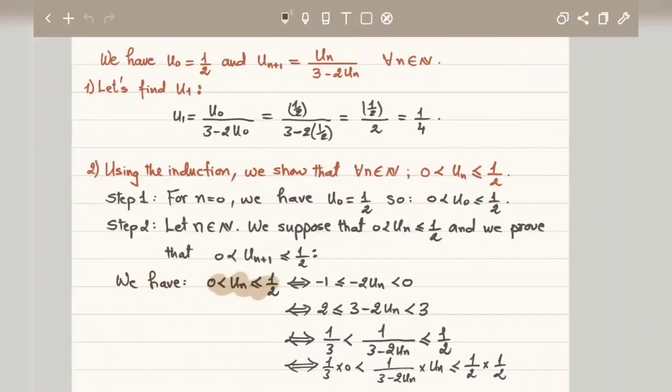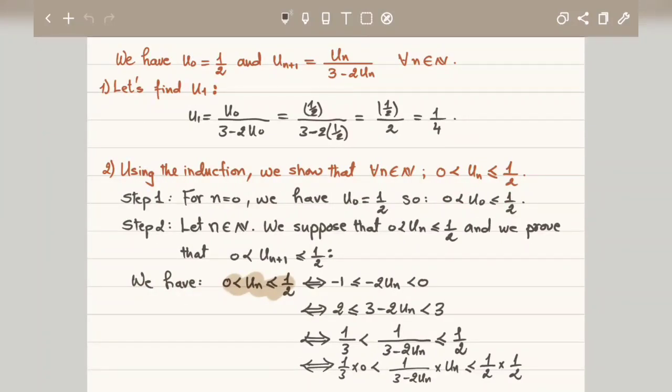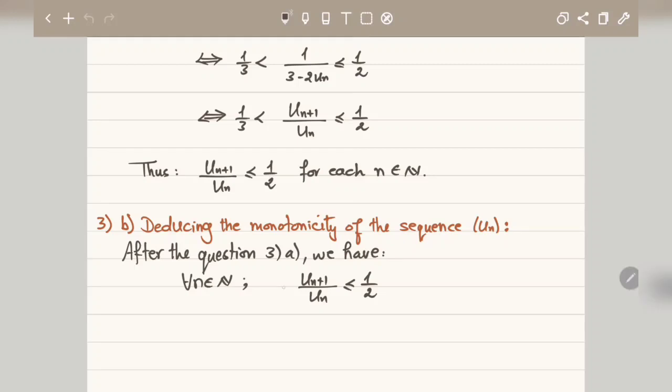From question 2, we have un between 0 and 1/2, so each term is positive. We can write un+1 over un greater than 0. In this frame, we already know that 1/2 is smaller than 1. So un+1 is smaller than or equal to un times 1, which is un, for all n belonging to N, which means that this sequence is decreasing.